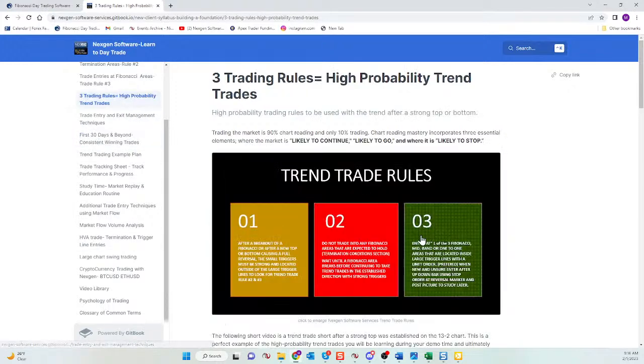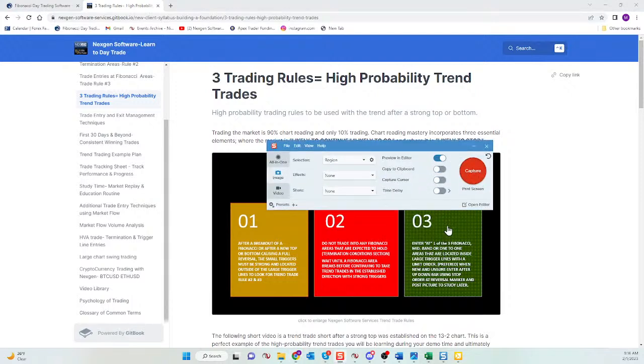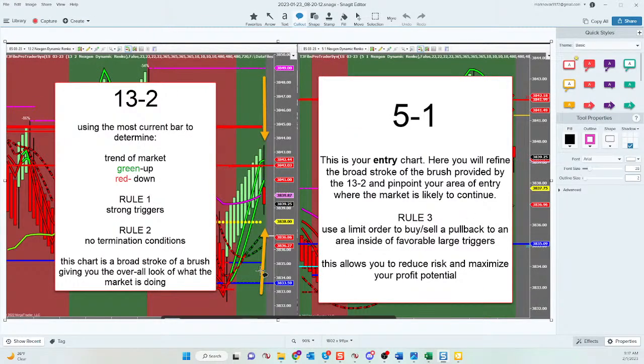So you're going to get 3 rules. It's going to teach you to read your charts. It's going to teach you to recognize conditions on your indicators that provide advantages. And then once again, in the spirit of simplicity, you're going to look at those 3 rules on 2 charts.